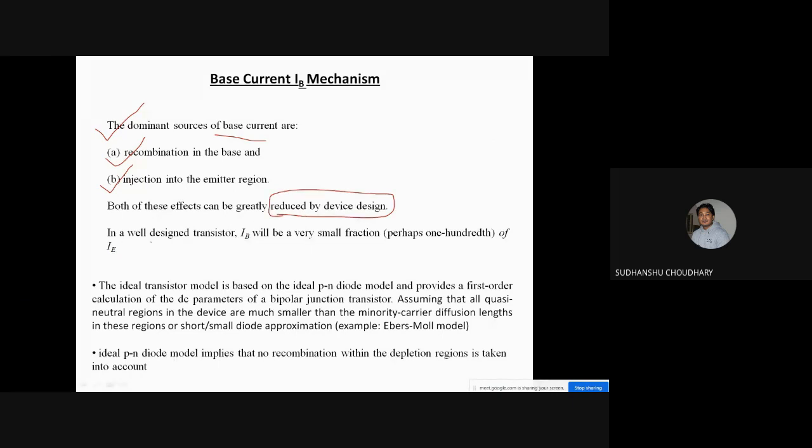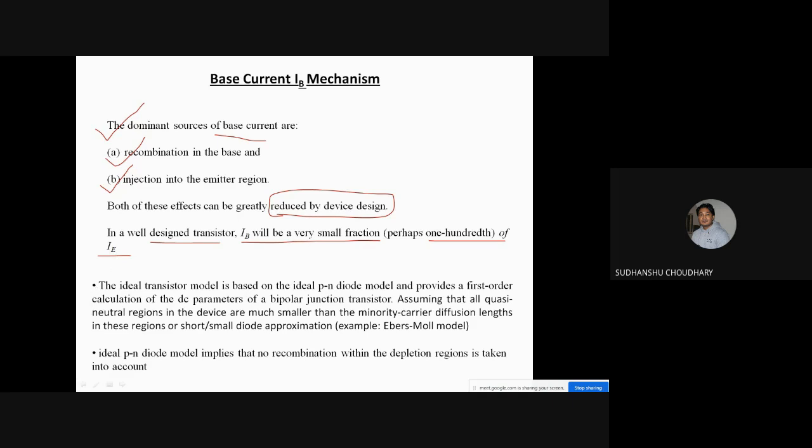And in a well designed transistor, IB will be very small. In fact, IB can be 1/100th of IE. In a good or well designed transistor, IB will be very small. So IB will be somewhere around 1/100th of the emitter current.